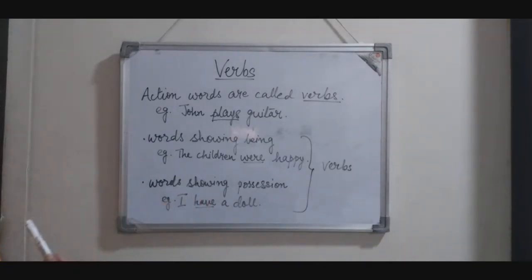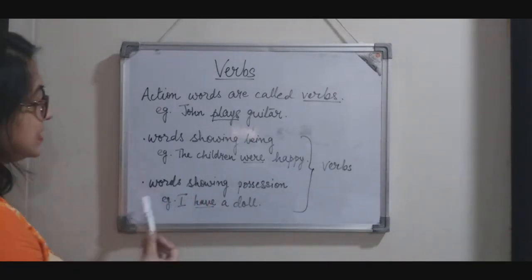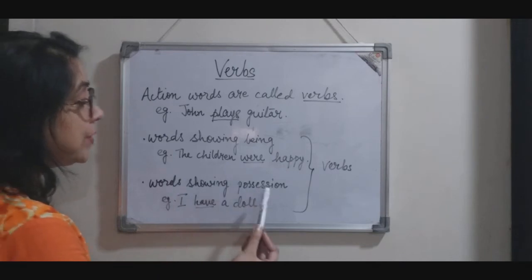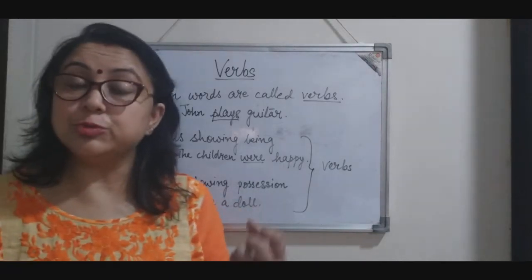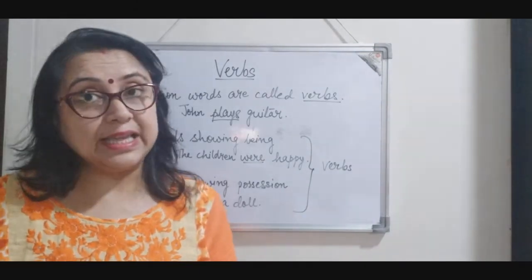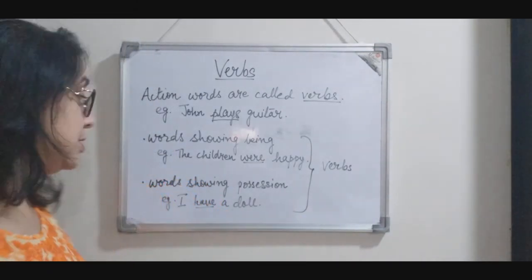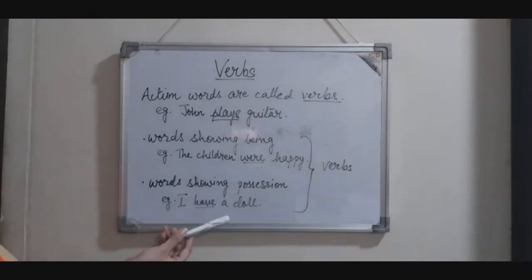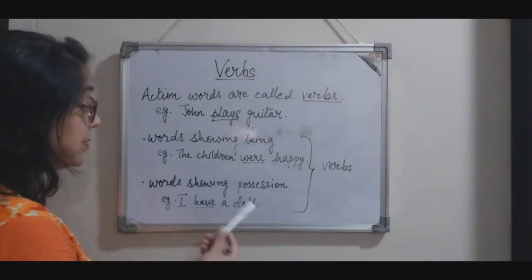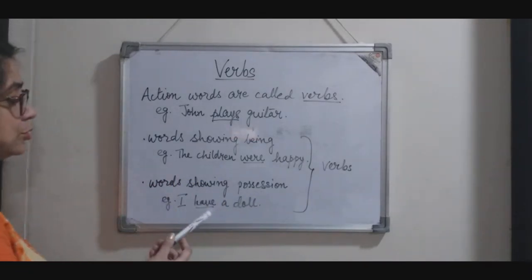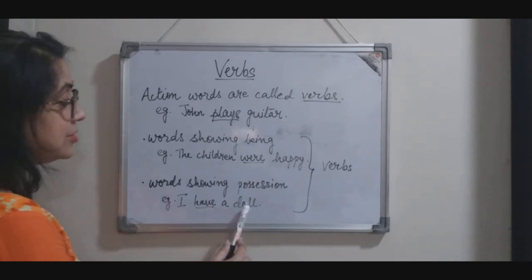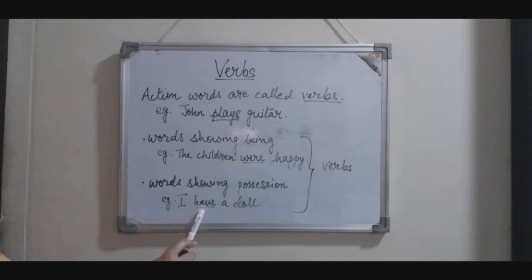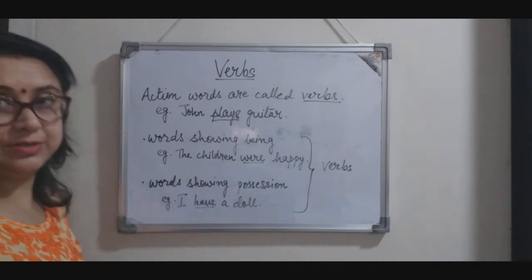And in the next case, words showing possession. Words which show possession are also verbs. Let us understand it better through this example sentence: I have a doll. So the word have here shows possession, right?